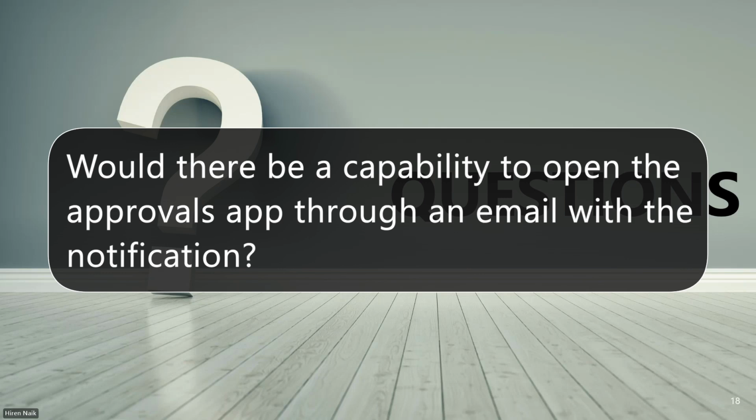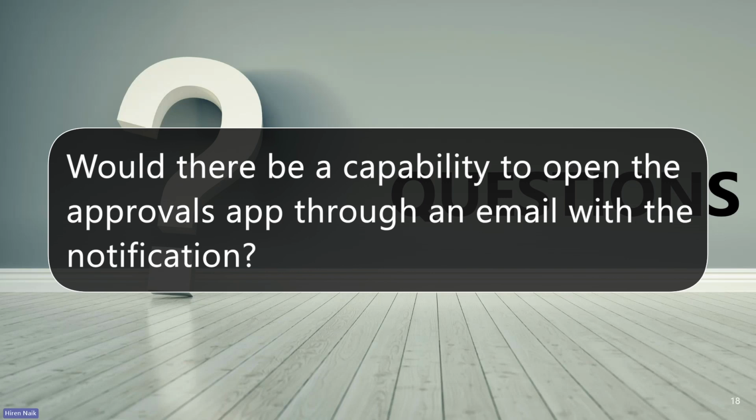We don't implement the link to the application in the email, but it should work normally. The way you configure your email template and get the notification in email, you can put the link, and from that link it will take you to the approval and you can approve the document. So that capability is already there.